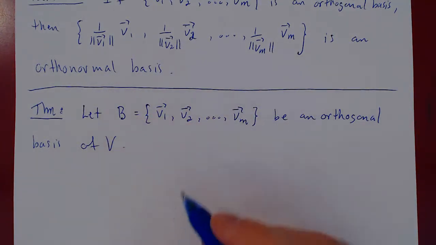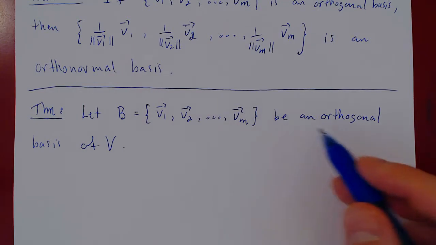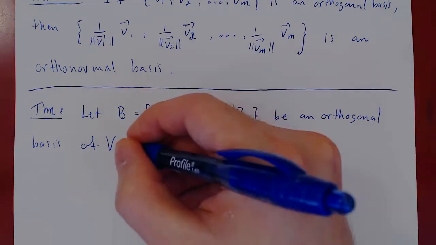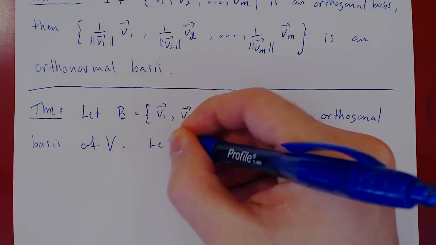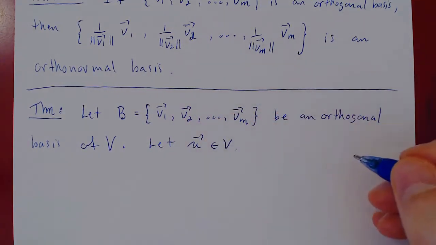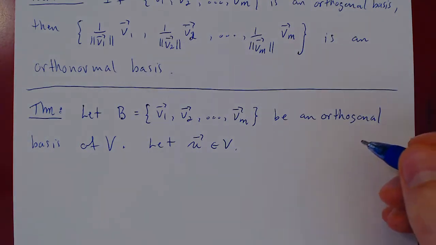So we have a space of vectors. Suppose we have an orthogonal basis of V. Let u be any vector in V, in that space of vectors.